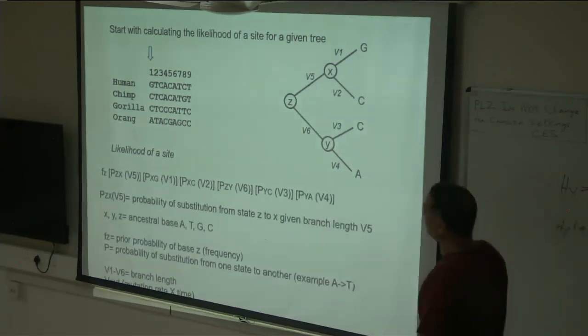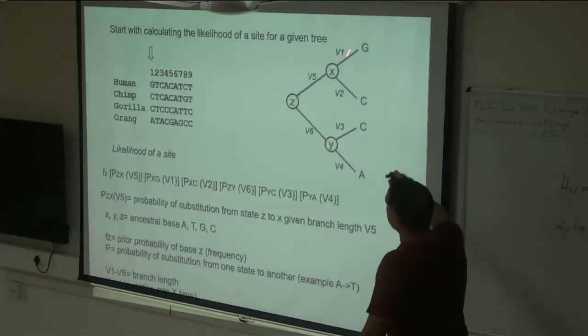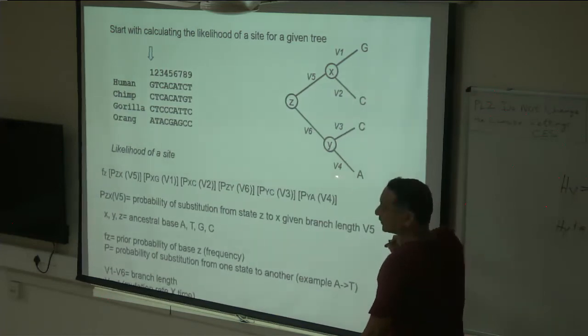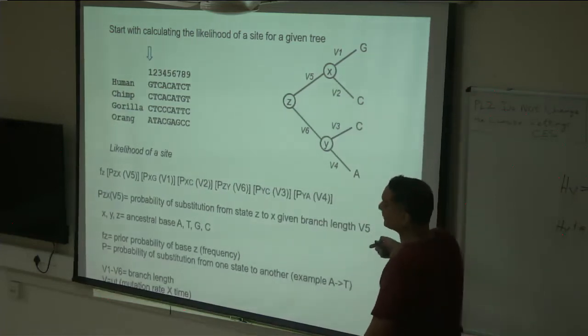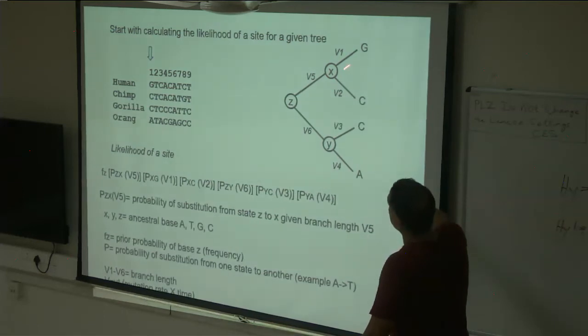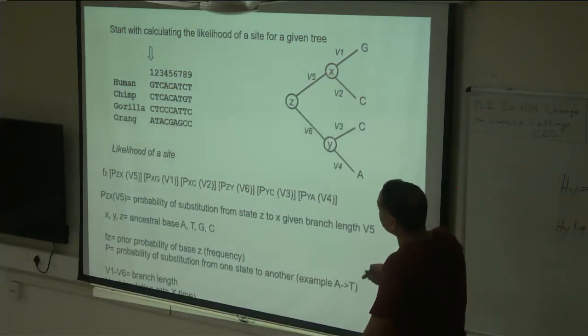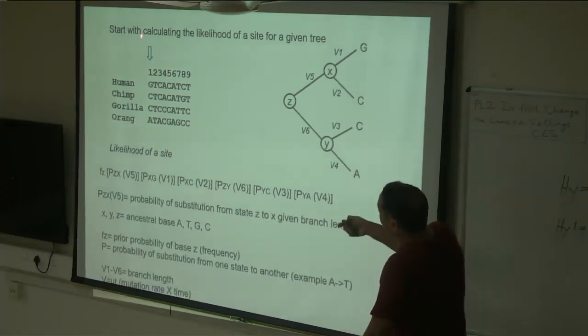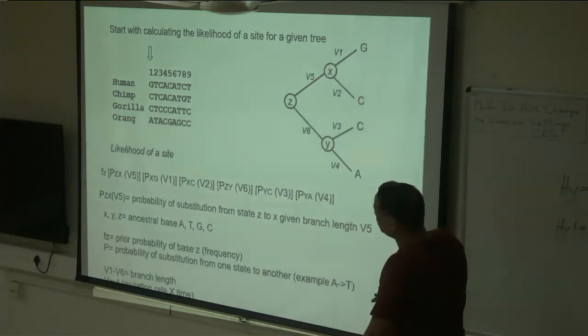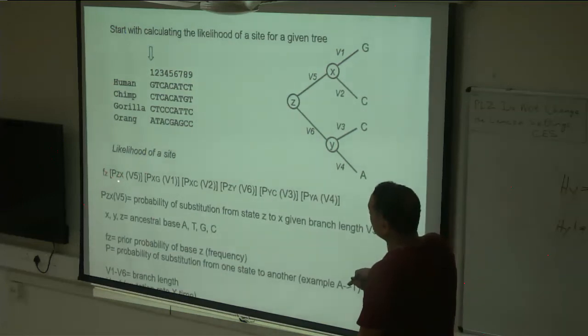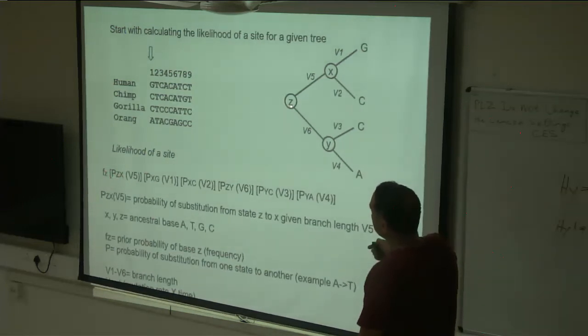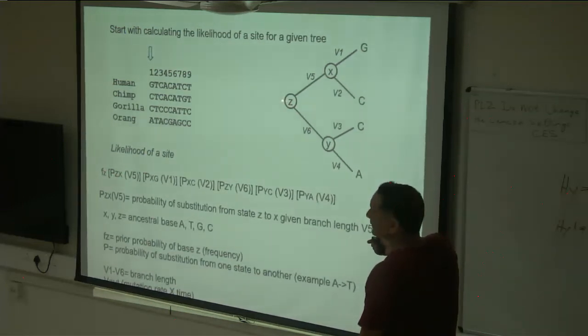Now there are branch lengths here. Okay, we don't know them, we have to infer the branch lengths. So V1 is the branch length leading from this node to G and so on. Okay, now the likelihood of this site would then be the probability of change of some base here.